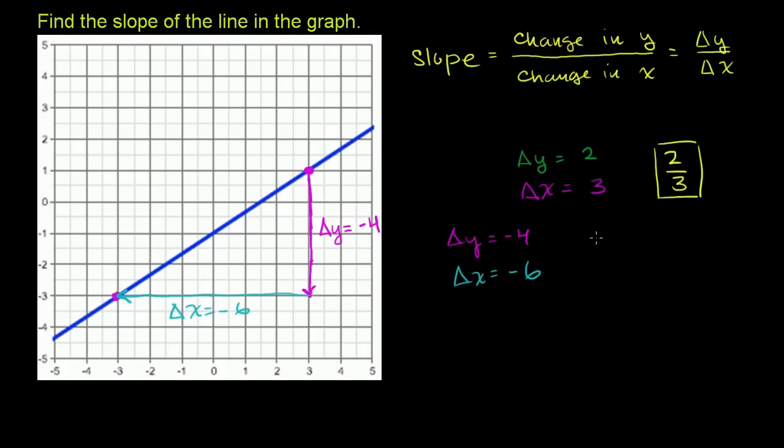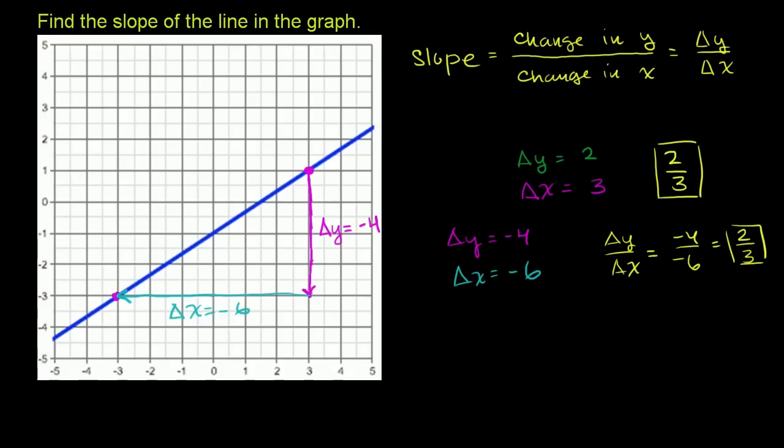So what is my change in y over change in x? My change in y over change in x is equal to -4 over -6. The negatives cancel out, and what's 4 over 6? Well, that's just 2 over 3. So it's the same value, you just have to be consistent. If this is my start point, I went down 4 and then I went back 6. -4 over -6.